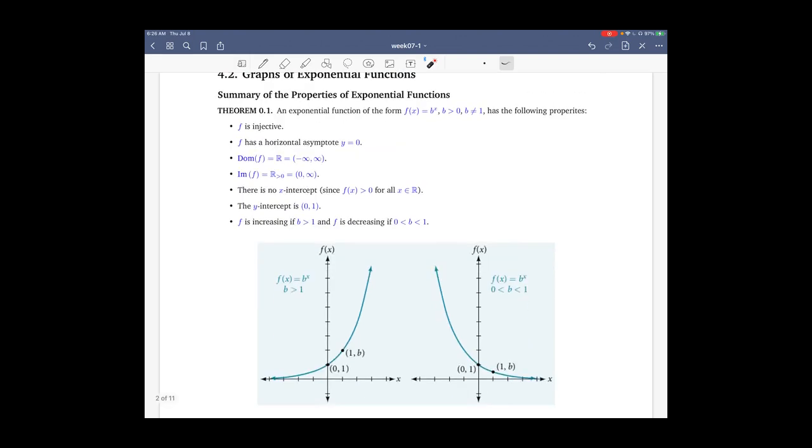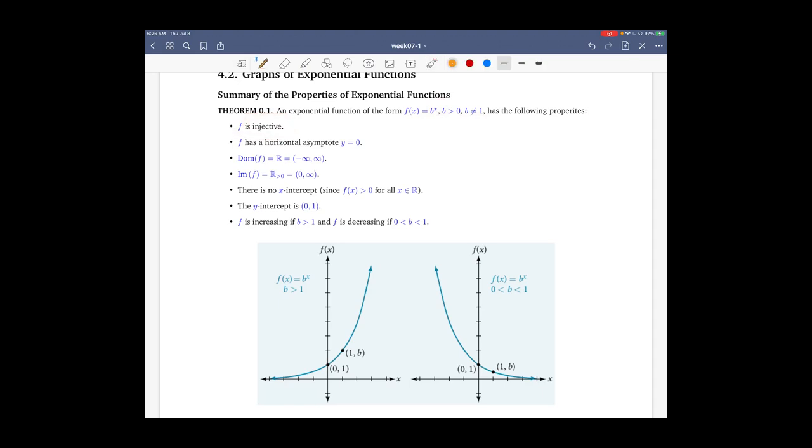So let us summarize what we know about this function. Regardless of whether b is greater than 1 or in between 0 and 1, this function b to the power x is always injective.